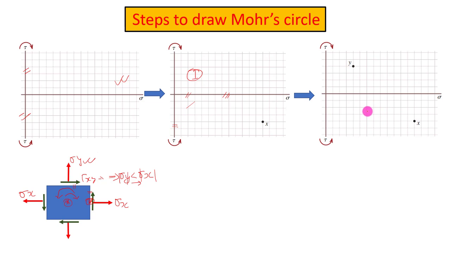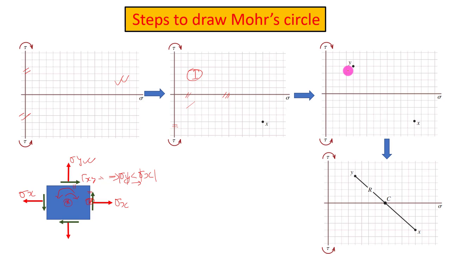Now the third step for creating the Mohr circle is that we are going to join these two points and find the midpoint of the line that is joining x and y. If we join this line, you can see that the midpoint automatically lies on the horizontal axis. So this will be the center of your Mohr circle, and the radius of the Mohr circle will be Cx, which is equal to Cy.